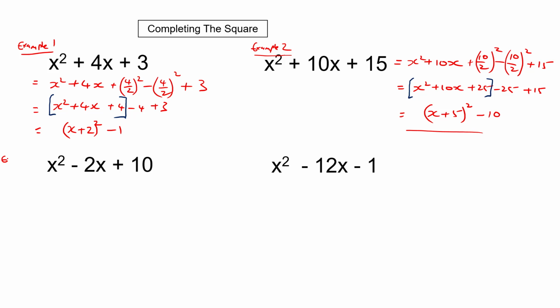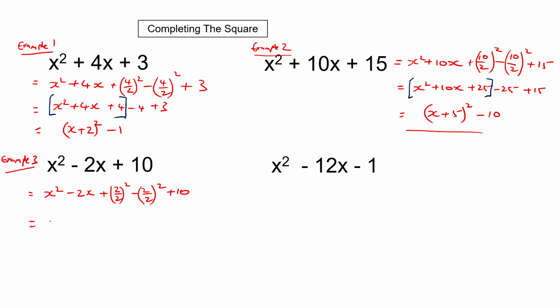Let's look at example 3. For this one, it's going to be equal to x squared minus 2x. So we've got minus this time, but it doesn't matter. We just take the 2. So it's half of 2, 2 over 2 squared minus 2 over 2 squared plus 10.